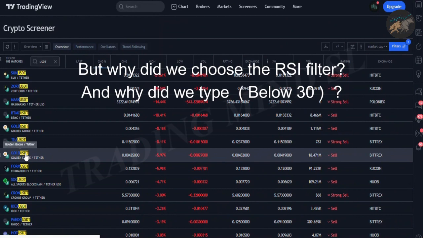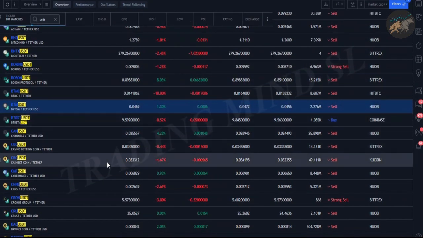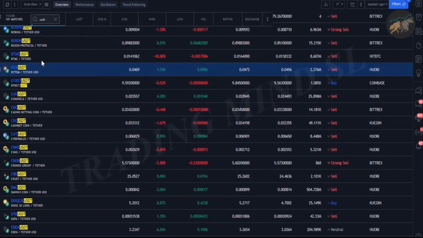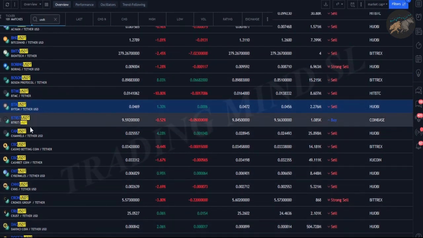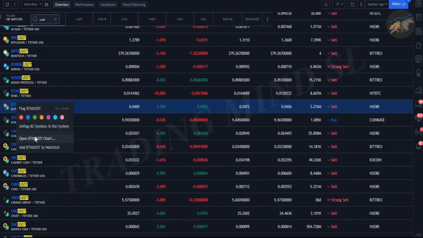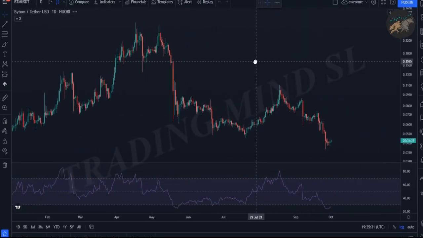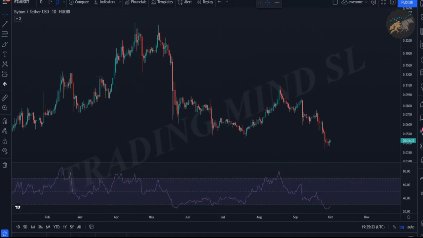But why did we choose the RSI filter? And why did we type below 30? To find out why, choose any pair from the results, and open it in the chart. Well, this is the chart, and at the bottom, there is an RSI indicator in purple color.